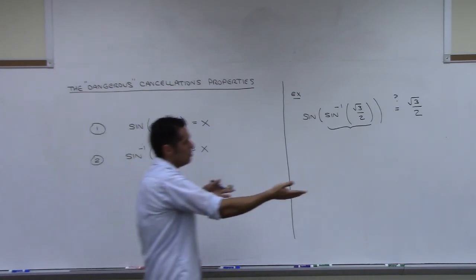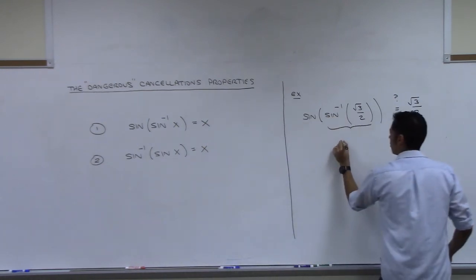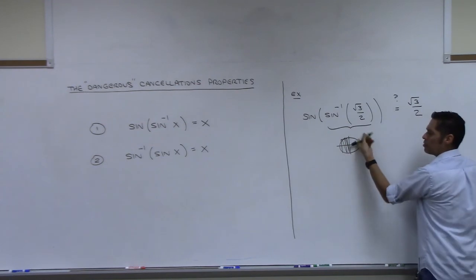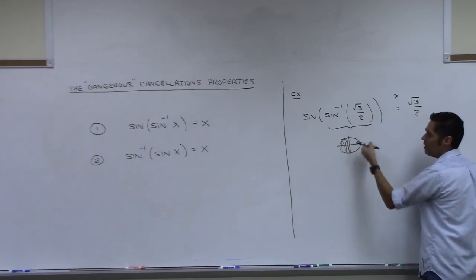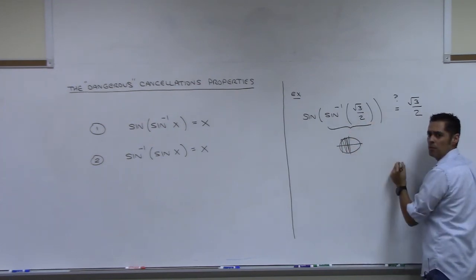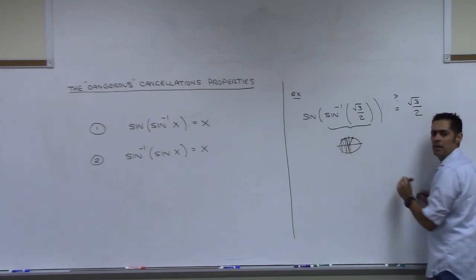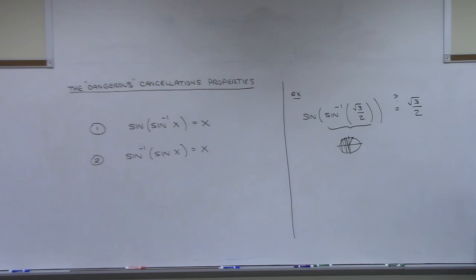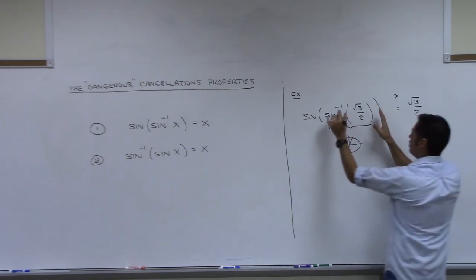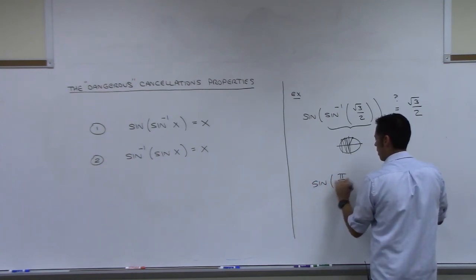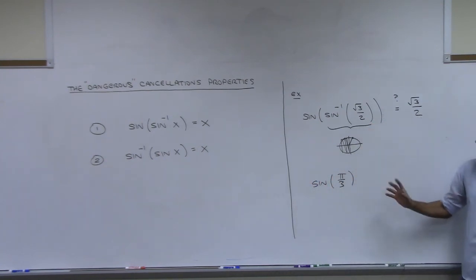I'm only allowed to work between pi over 2 and negative pi over 2, looking for a y coordinate of root 3 over 2, which would be up here, right? And what angle is that? Pi over 3. So this is really saying sine of pi over 3, isn't it?